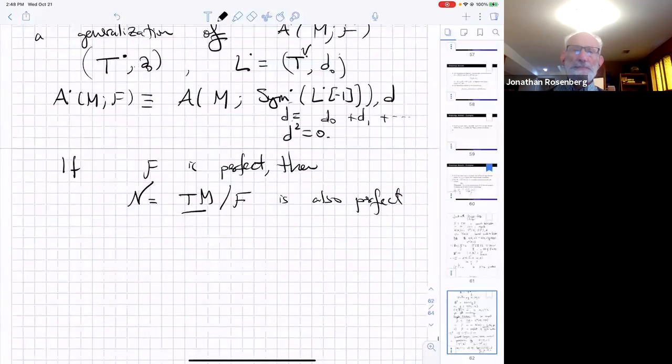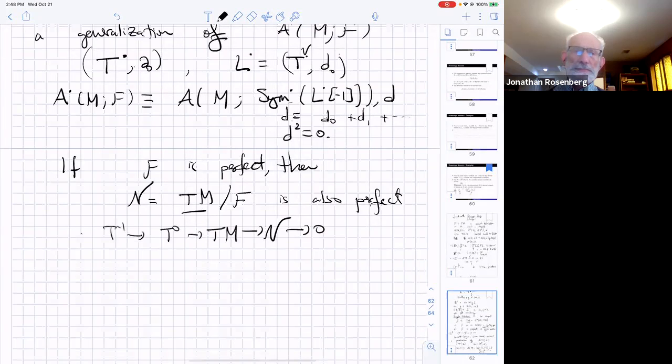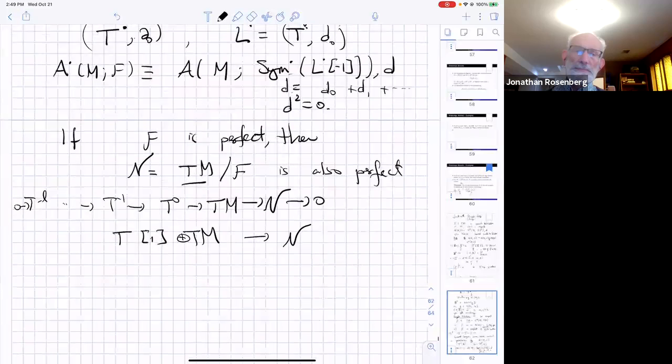Because N will have the resolution Tm, T0, T minus 1, all the way down to T minus L. So you can write this as T shifted by 1 plus Tm, and this maps to N. And so N is perfect.